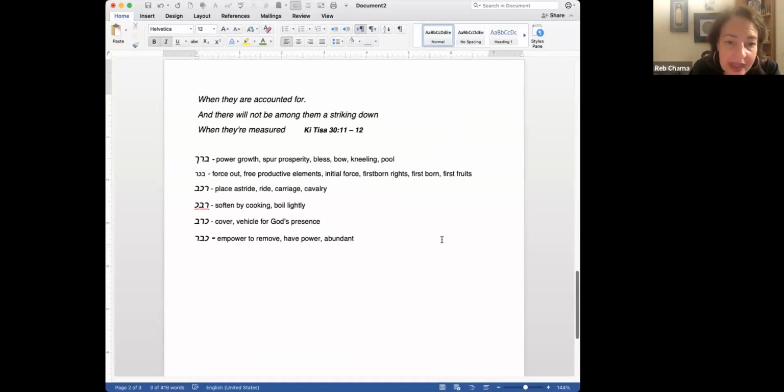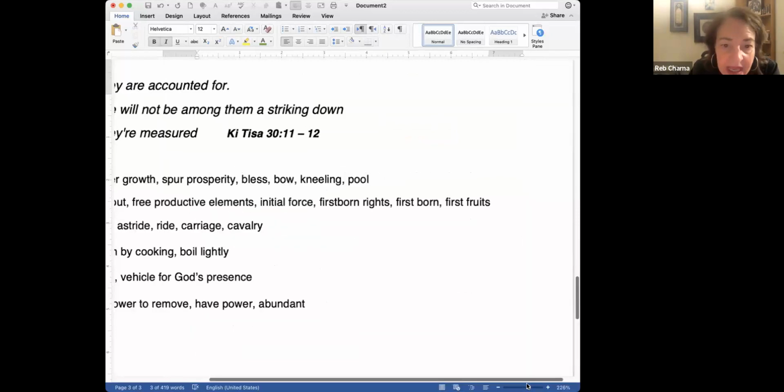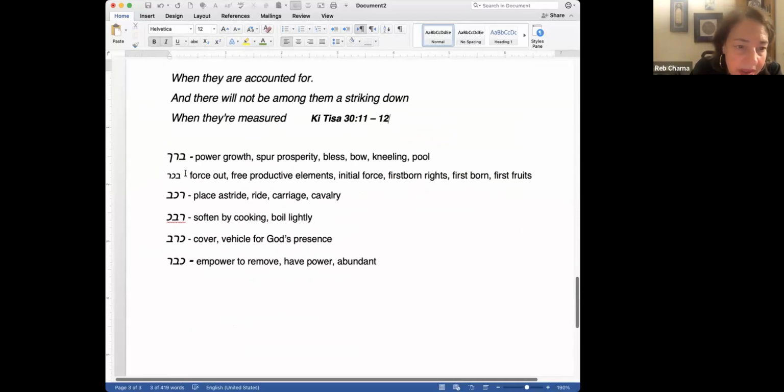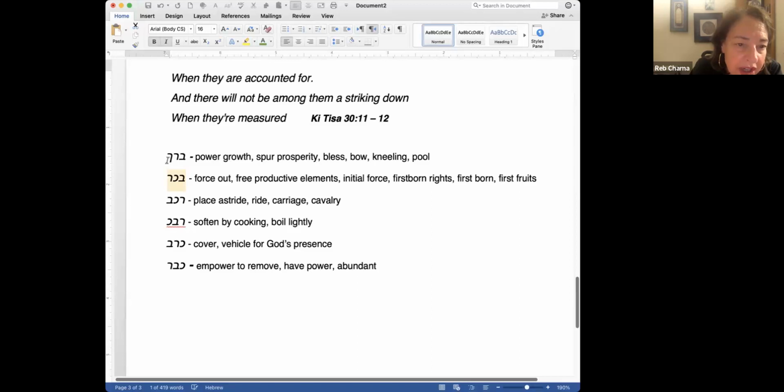Before we dive into the Hirsch piece, which I don't know how much of we're going to get through, I want to show you a Kabbalistic trick that one of my teachers taught me. If you really want to understand a word, and we talked last week a little bit about bless, so I'm going to use this word, you could take the Beit Resh Kaf, which means power, growth, spur, prosperity, bless, bow, kneel, pool.